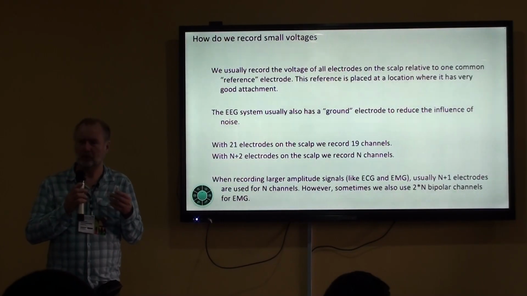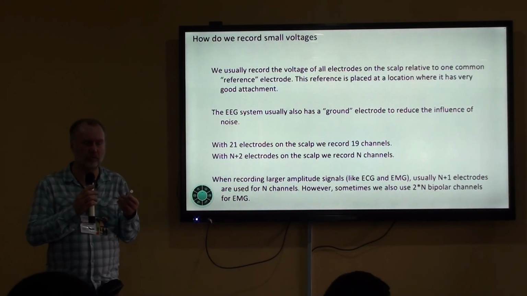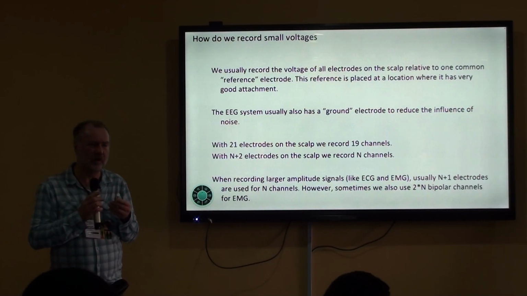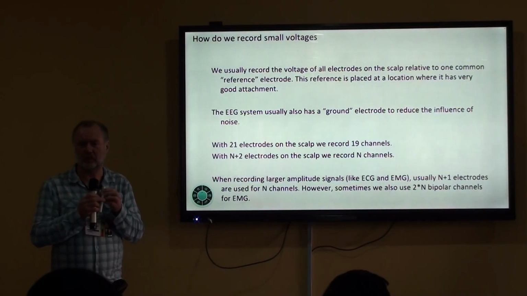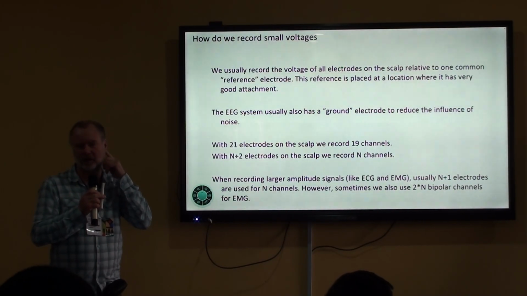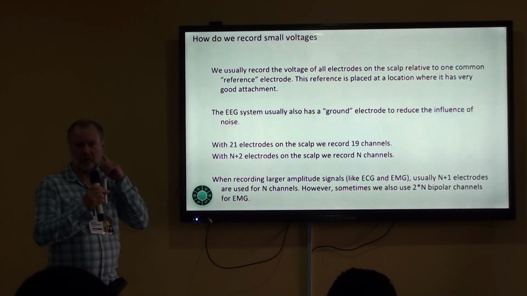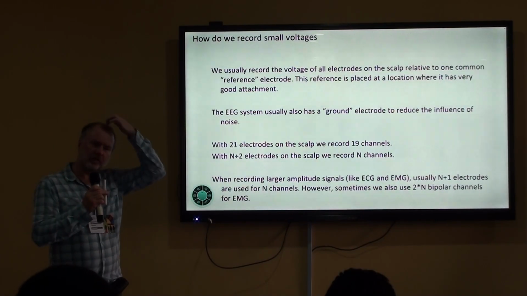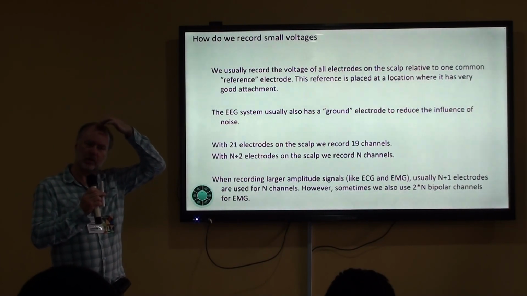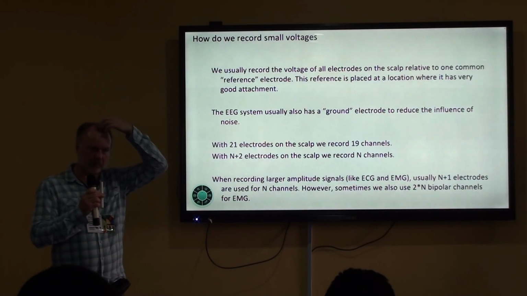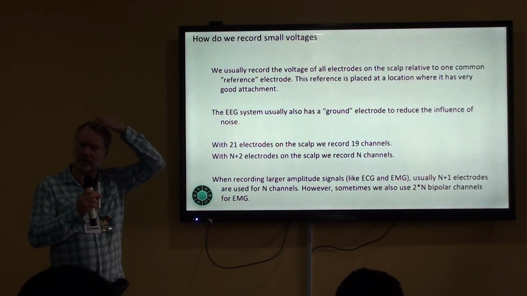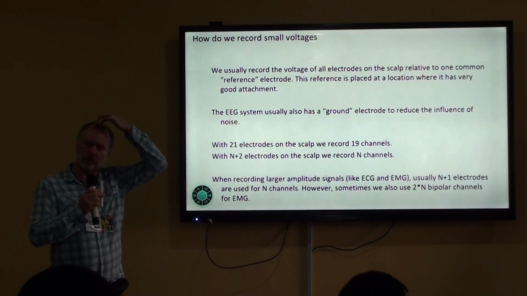So that is why it's important to place the reference on a location where the reference electrode is firmly attached. And very often we would place it, for example, on the bony part behind the ear, which is called the mastoid, or we would place it relatively towards the front on the scalp, like in between where the hair parts, because there's not too much hair here, so we can quite easily get an electrode firmly attached here.